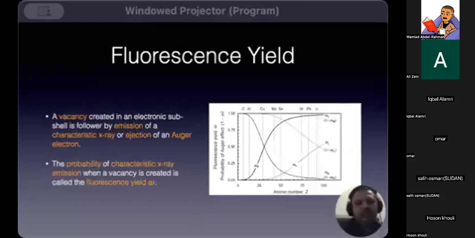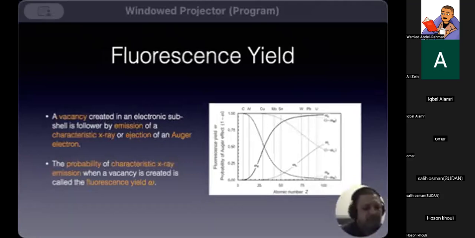Fluorescence yield. When a vacancy is created, one of two things could happen, as we mentioned. We could have either emission of a characteristic photon, or emission of an Auger electron. Since both processes can happen, the probability of them is not equal.